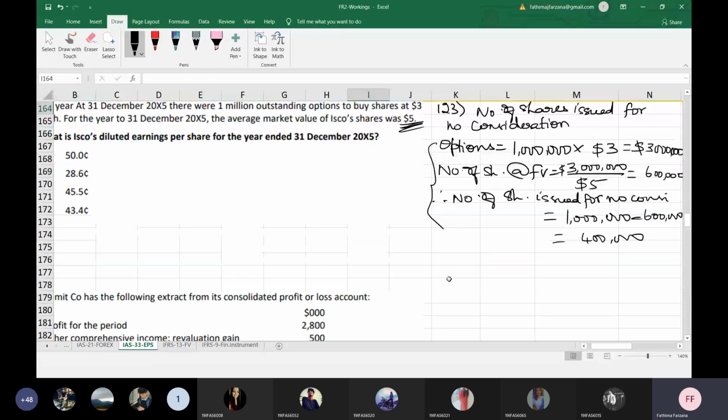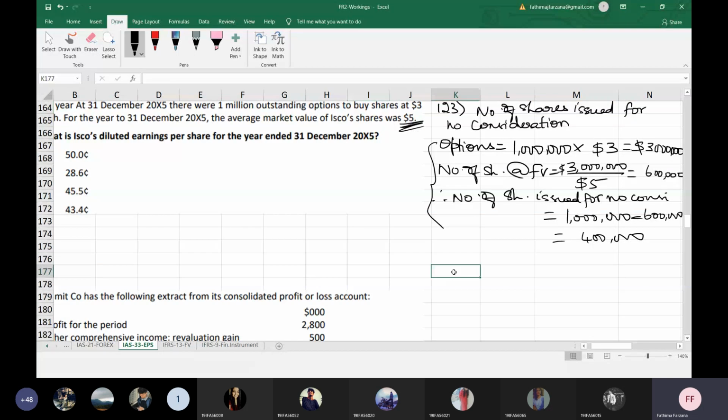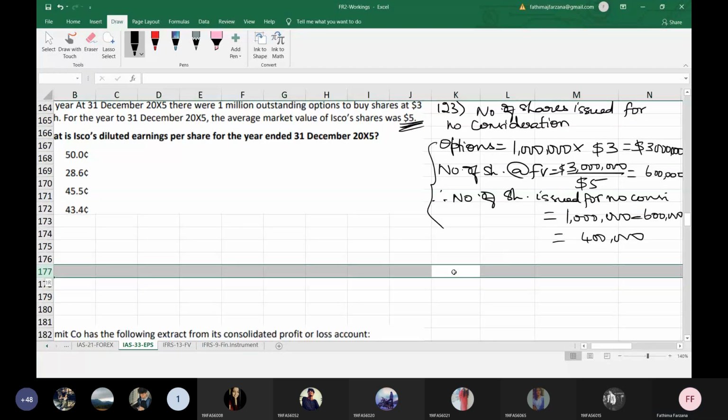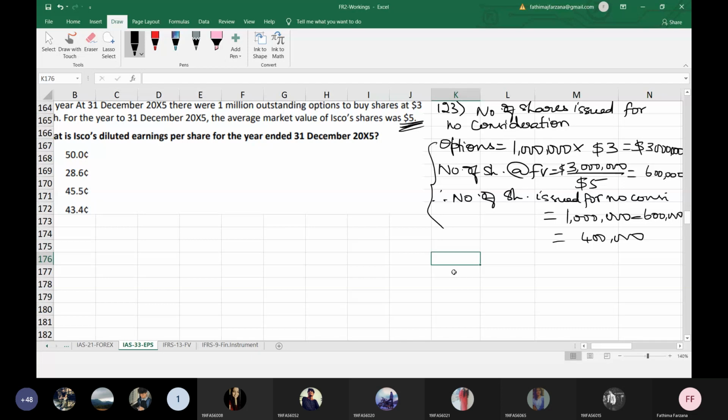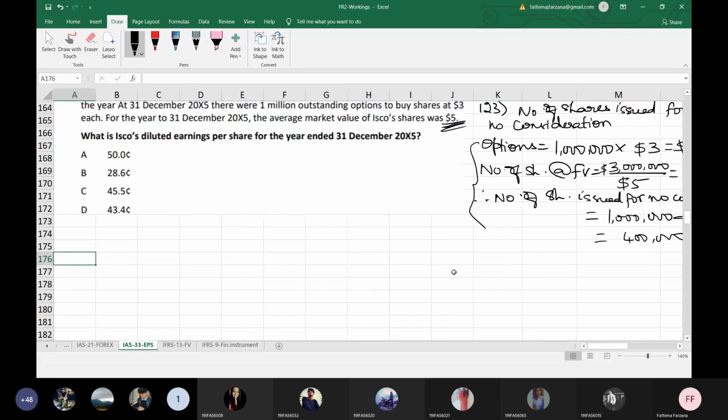What is the second method? Instead of this, one minute, I'll just add some more lines here. So this is method 1. I go with the second method. Somehow I like it very much. Again, I'm going to find out only the number of shares issued for no consideration.